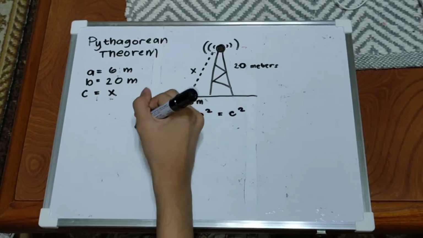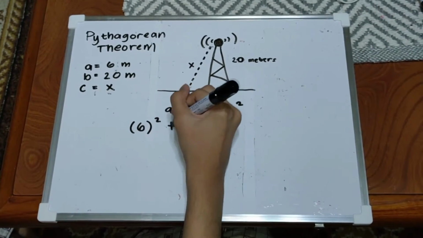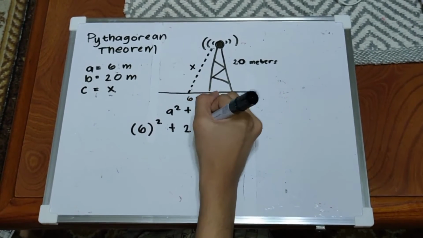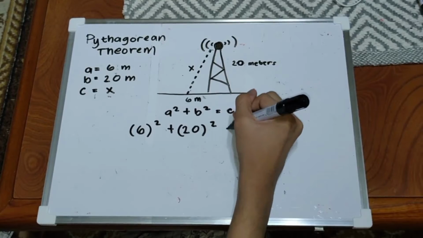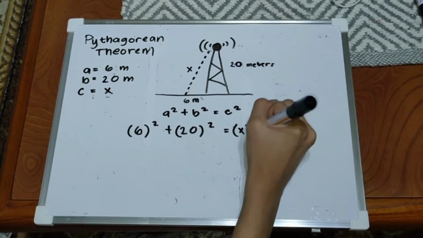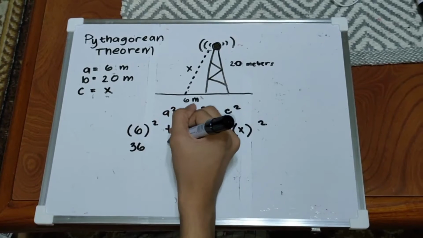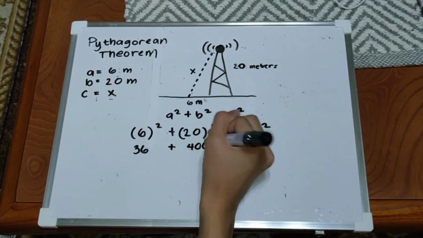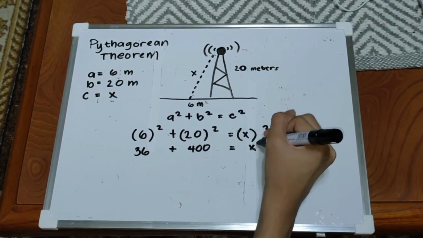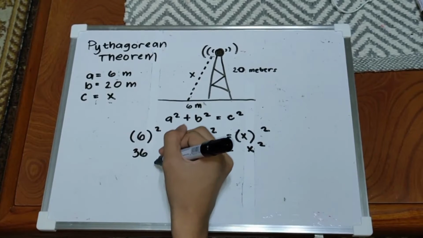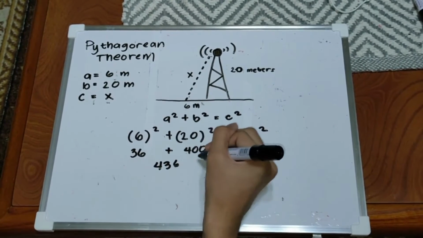Then we substitute. a squared becomes 6 squared plus b squared becomes 20 squared equals c squared becomes x squared. Then simplify. 6 squared equals 36 plus 20 squared equals 400 equals x squared. 36 plus 400 is 436.